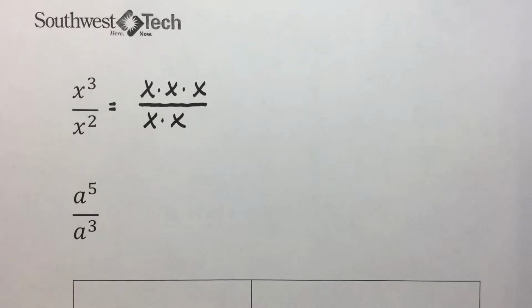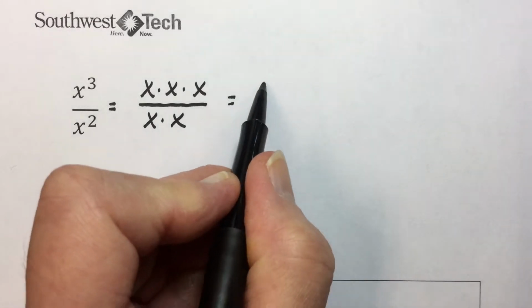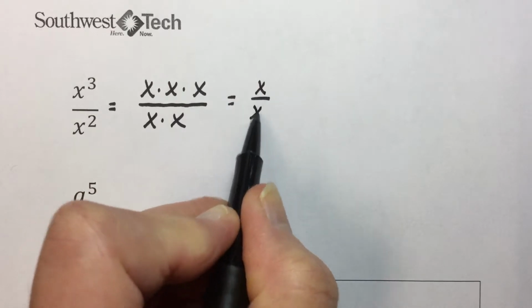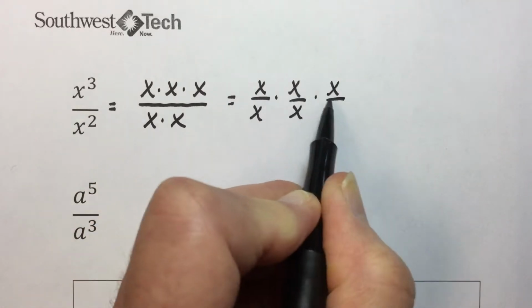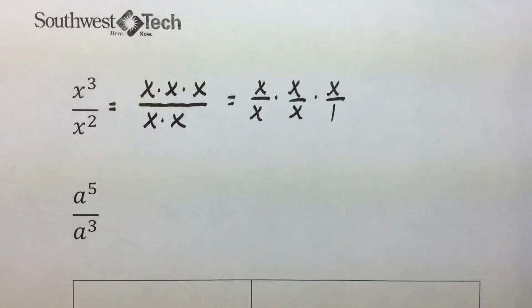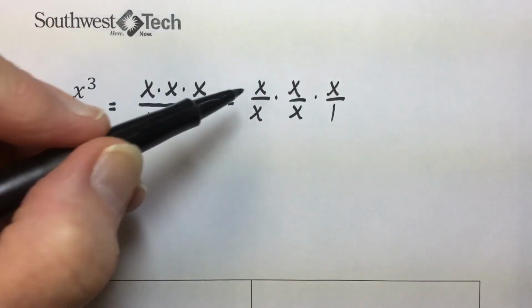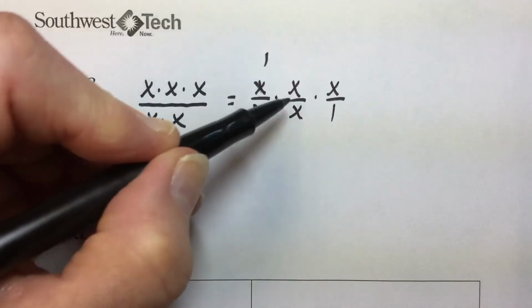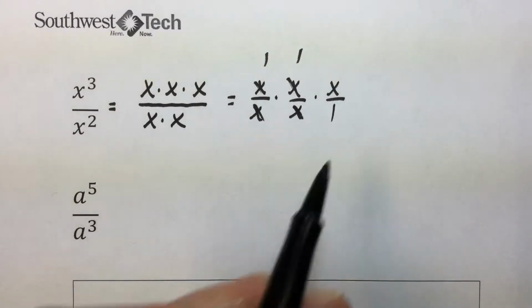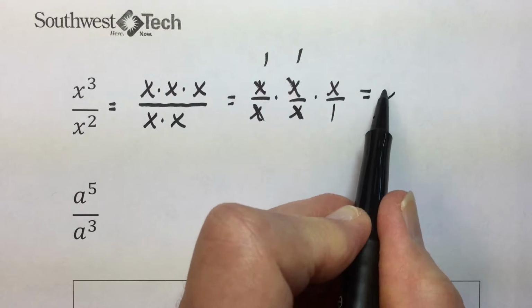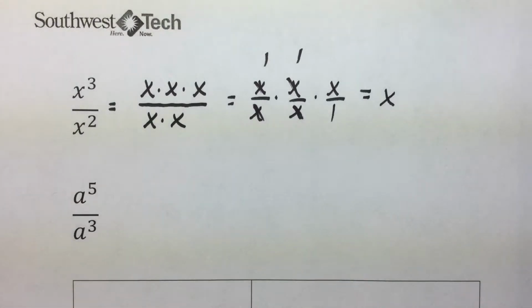And since we have common factors over one another, we can simplify, since x over x is equivalent to 1, x over x here is equivalent to 1, leaving us with a value of 1x, x to the first power.